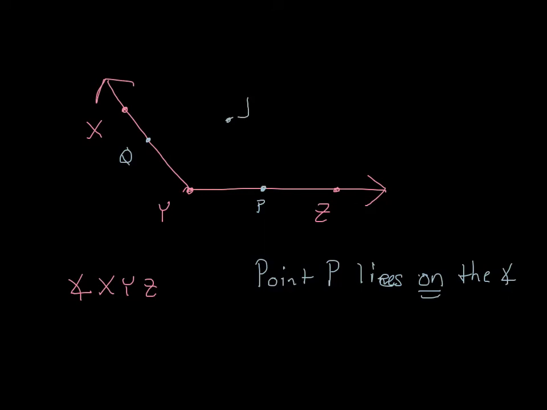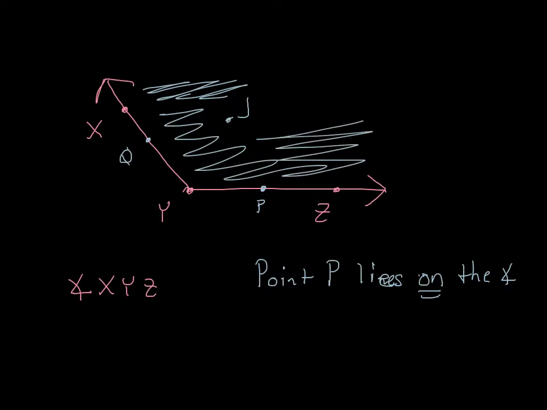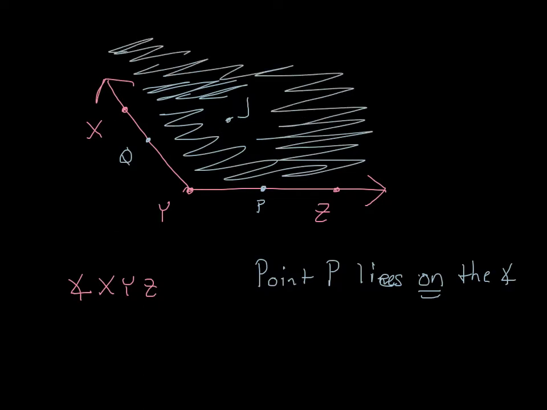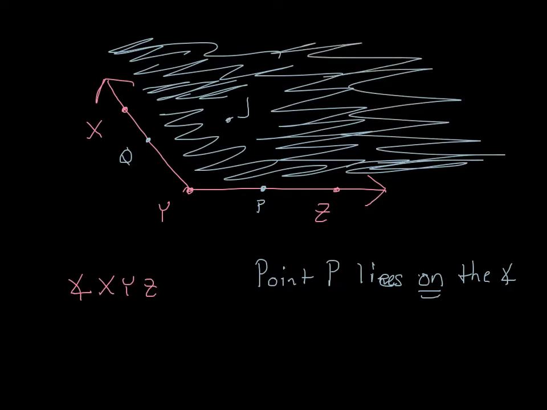We say that J lies inside the angle or in the interior because this would be considered inside of the angle. All this that I'm shading would be inside.